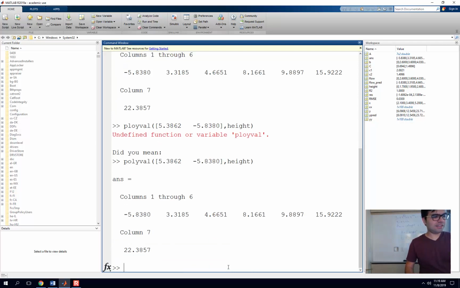Polyval, you first give it the coefficients, and then you give it the points that you want to evaluate your polynomial at, and it will give you the predictions. Same thing. You want to go A and B, you want to take the coefficients and plug them into the equation, you can. Otherwise, you can use polyval and polyfit, which are easy. So polynomials, polyval, polyfit, make your life easy.